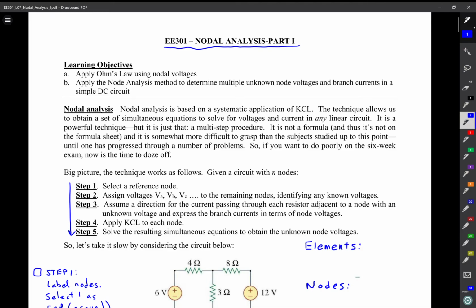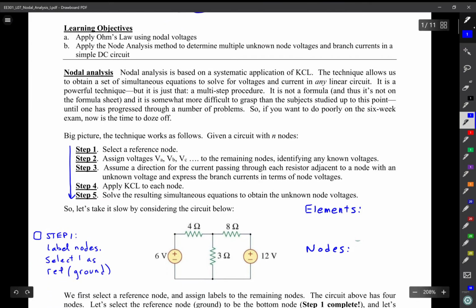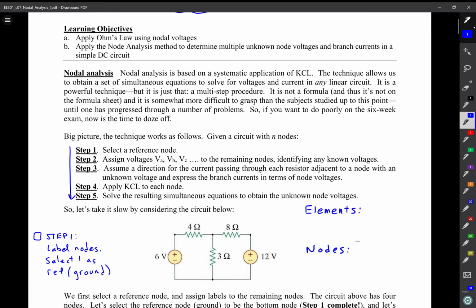So before we begin following through those steps, let's begin with a review. Now, we define an element as a single two-terminal symbol in a circuit. An example might be a voltage source or a current source or a resistor. We define a node as a point at which two or more elements have a common connection.